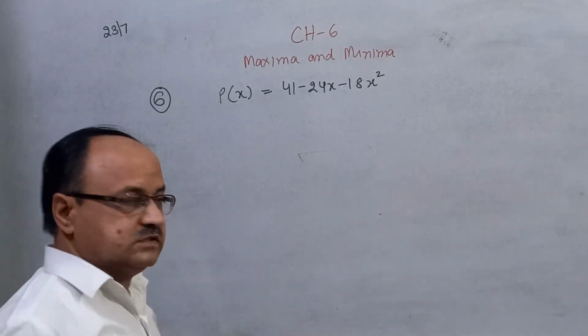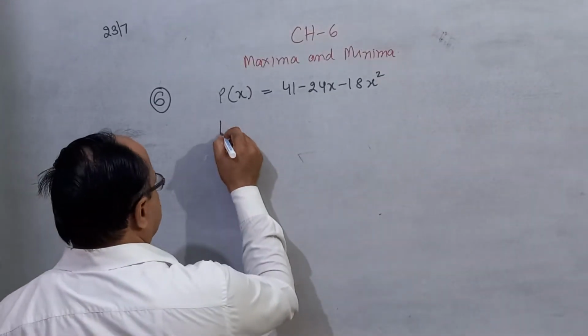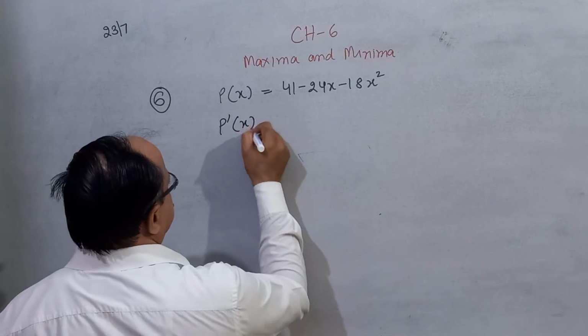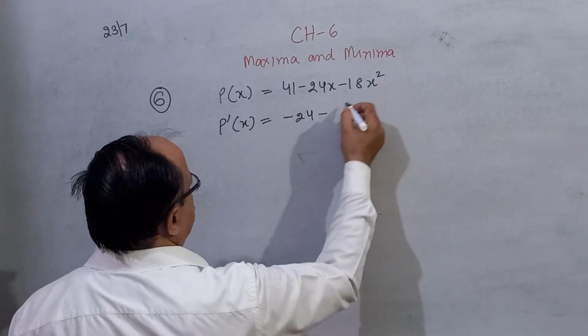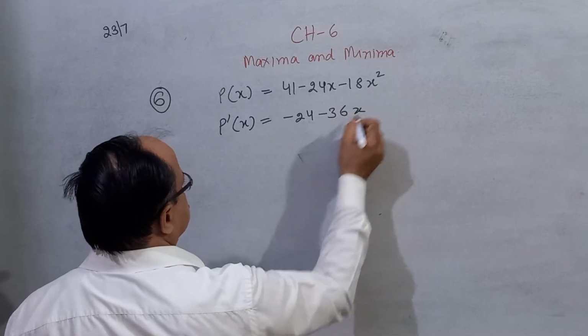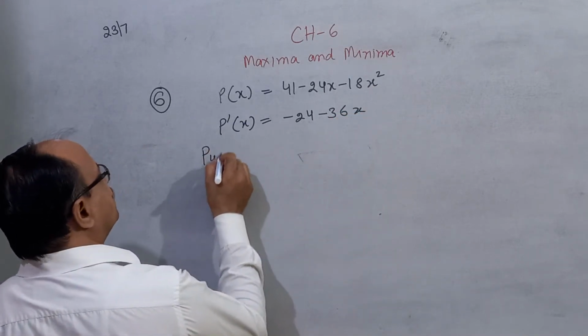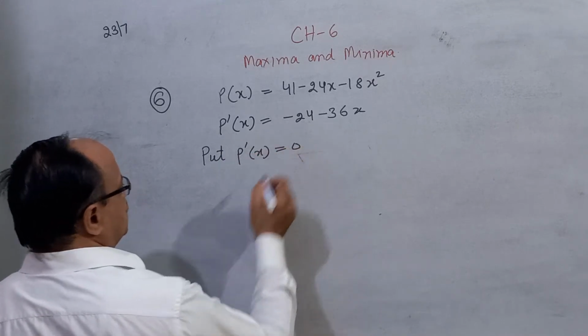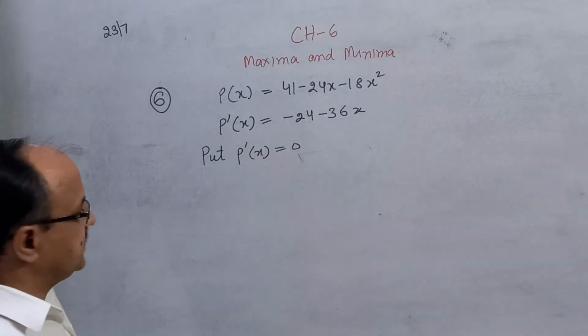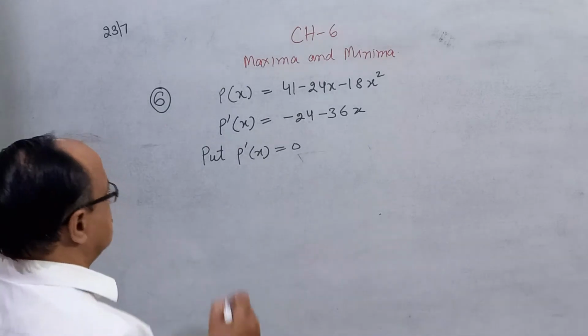The same procedure. Firstly, find P dash x, that is minus 24 minus 36x. After that, put P dash x is equal to 0. Put first order derivative is equal to 0.